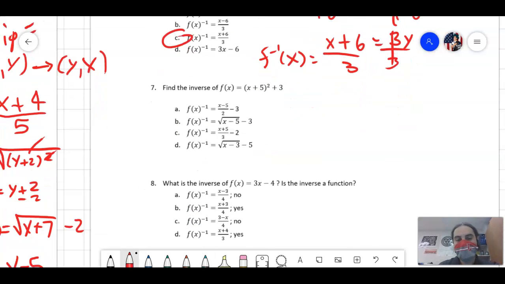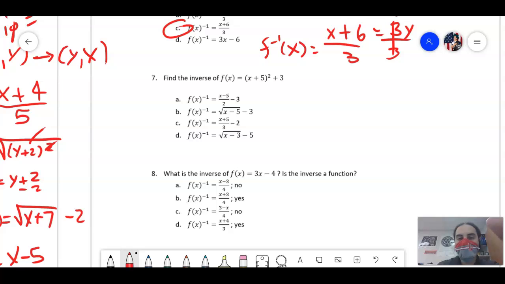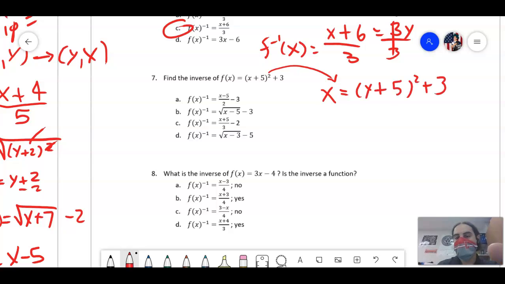All right, the next one. Another one of these square root ones. So again, I'm going to switch x and y. All right, get rid of that plus 3. So we got x minus 3 equals y plus 5 squared.